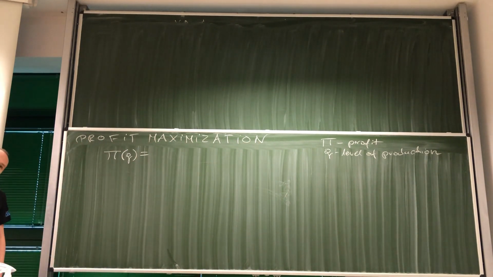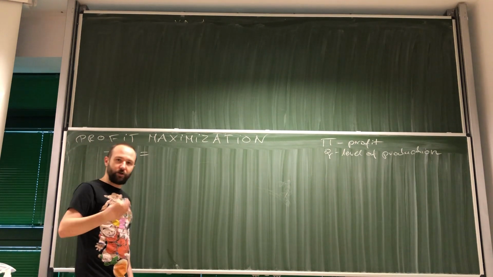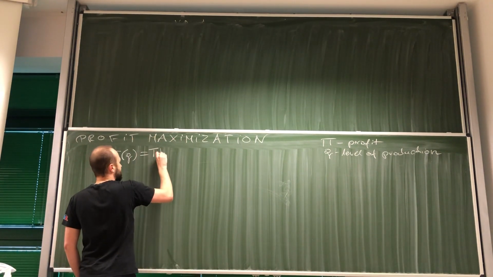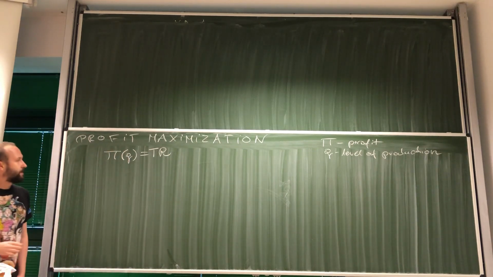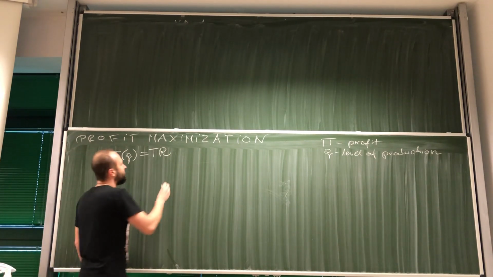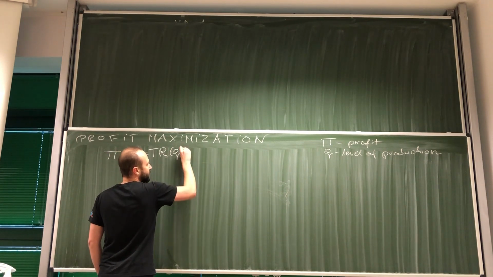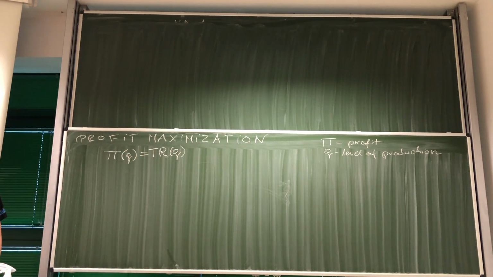Well, first we need to take into account all the money that the company is making. So total revenue. Total revenue here we will also consider as a function of quantity produced alone.